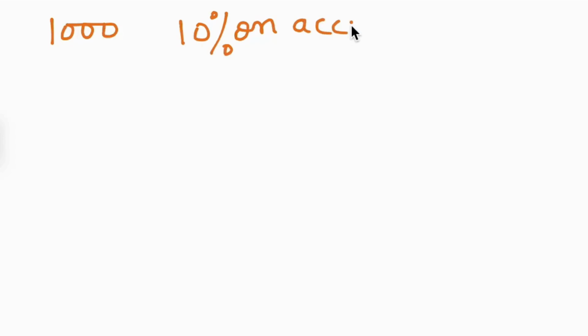And the second case, where decay is happening. So let's see the growth first. Suppose you have $1,000 in your bank account, and bank agrees to give you 10%, mind every word, 10% on accumulated amount.